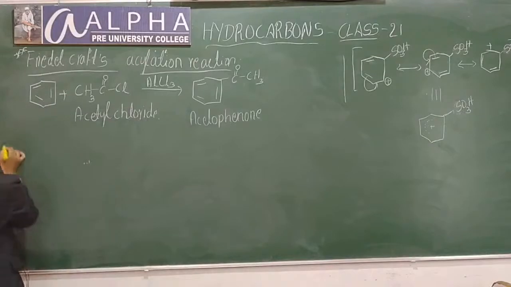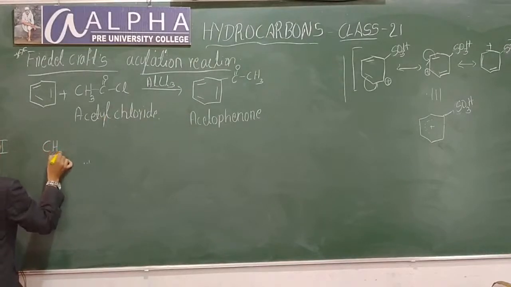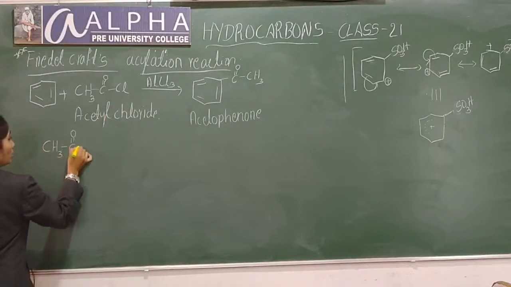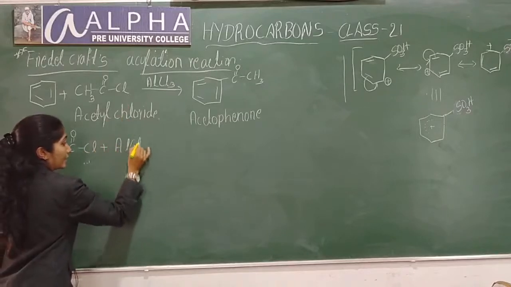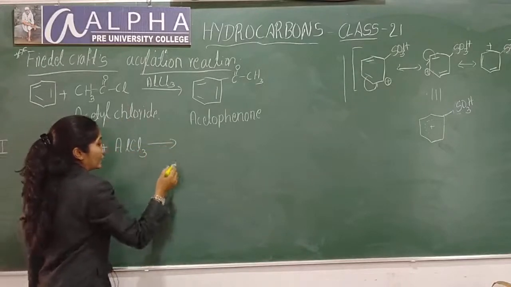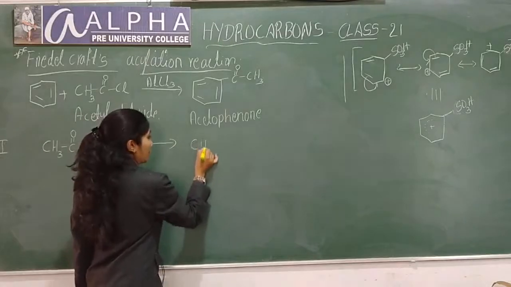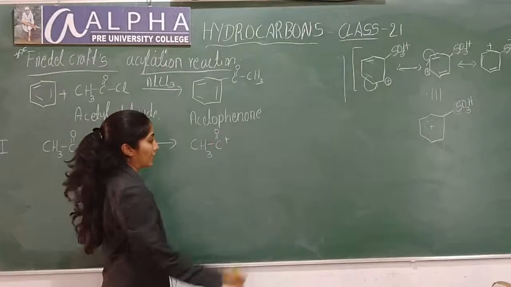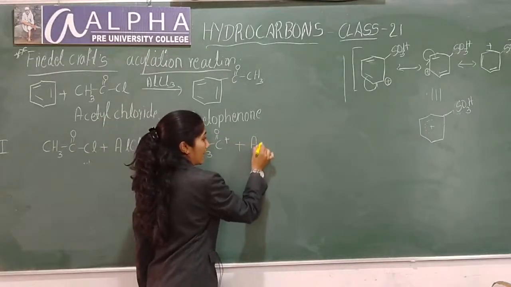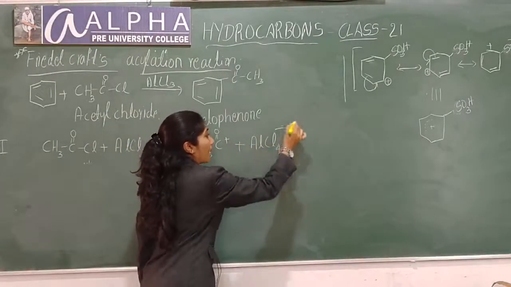Here also the first step is generation of electrophile. CH3, C double bond O, Cl will react with AlCl3 to generate the electrophile. The electrophile is CH3, C double bond O plus, plus AlCl4 minus.